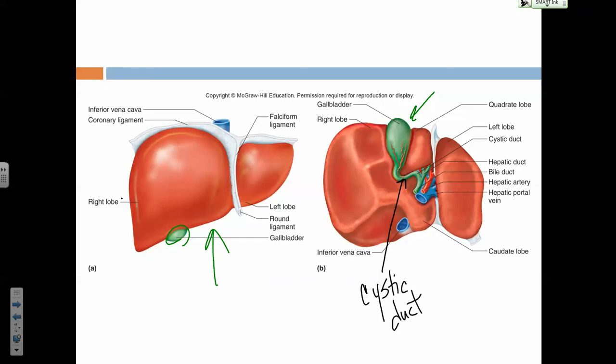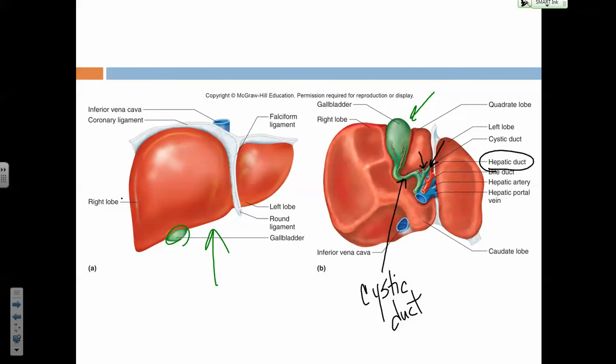Okay. And then I want you to notice this duct and that one. Those are the ducts coming out of the two main lobes of the liver, and they're called hepatic ducts. See right there, hepatic ducts?